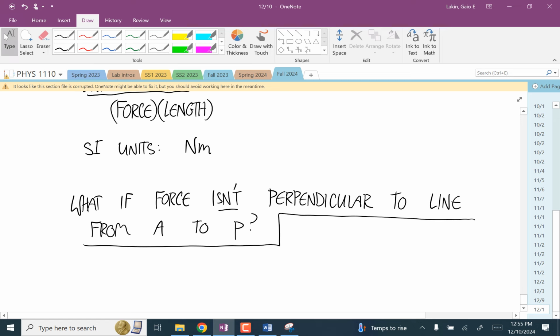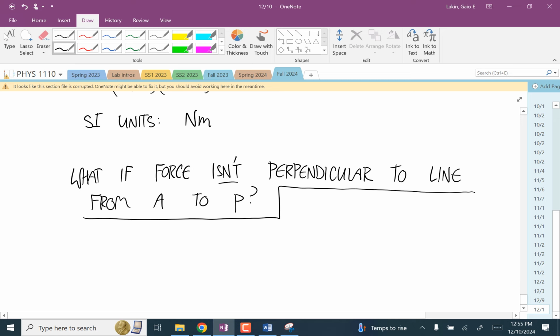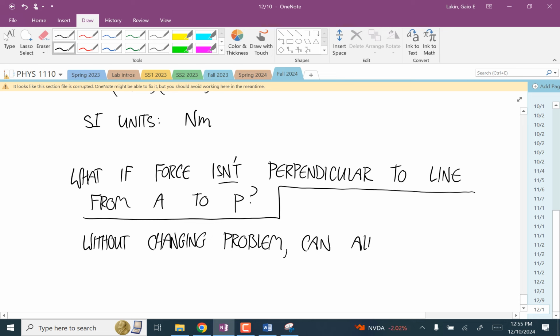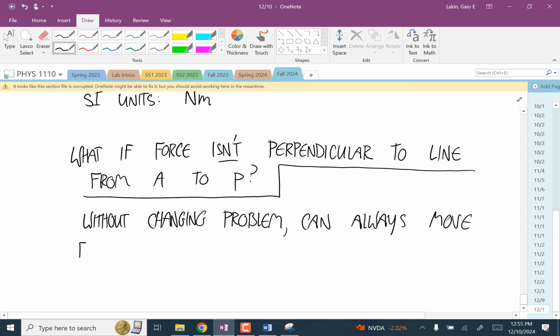And the answer is, without changing the problem at all, without changing the behavior, you can always move a force anywhere along its line of action.